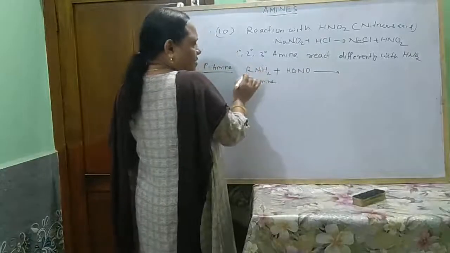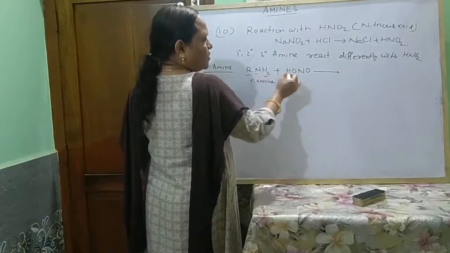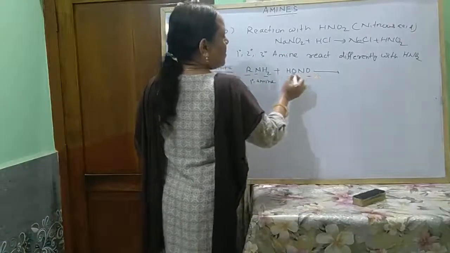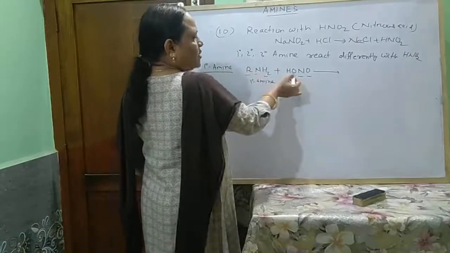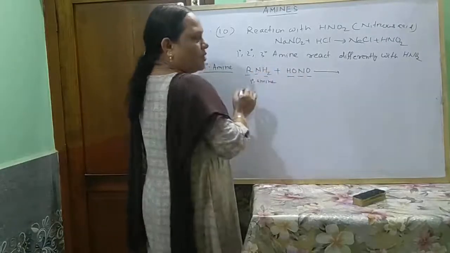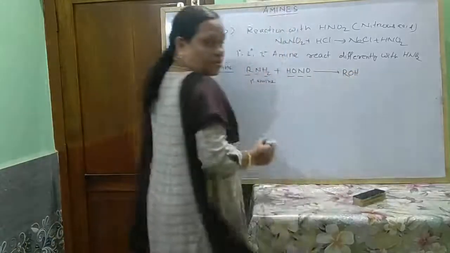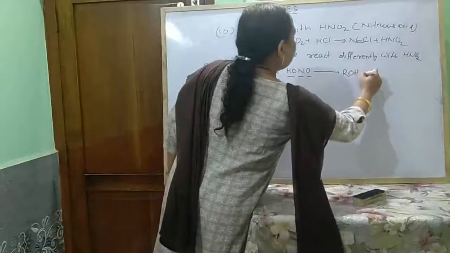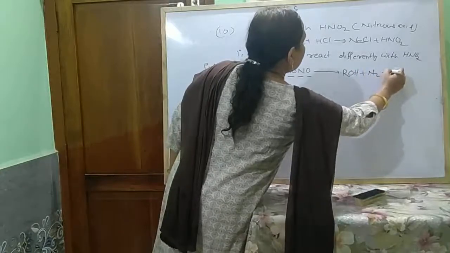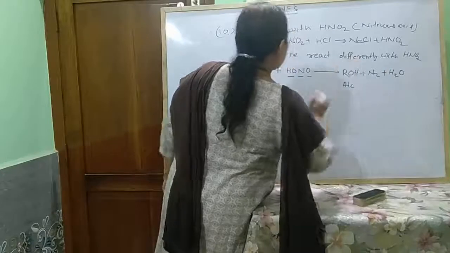Divide this into three parts: R one part, NH2, and OH. R goes to OH, nitrogen goes to nitrogen, and the hydrogen goes to oxygen. So it gives ROH plus N2 plus H2O. This is alcohol.